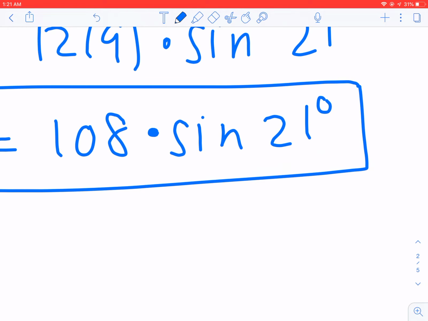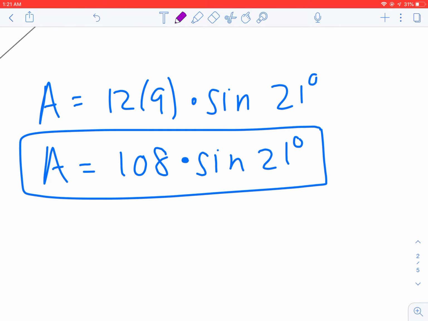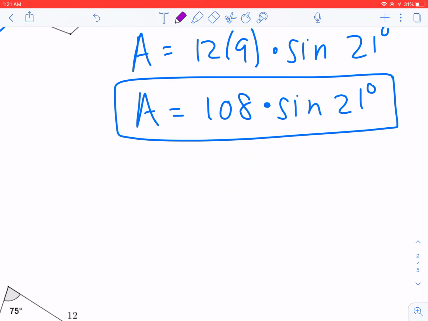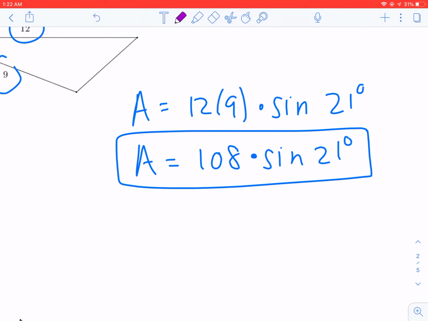It's not a nice ratio that we know either. It's not sine of 30 or sine of 45 or sine of 60, which we can rewrite. So we just leave it like that. But if you type that into your calculator, that's going to equal about, oh, hold up.